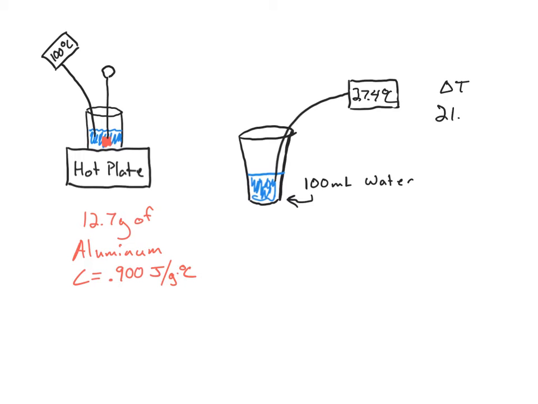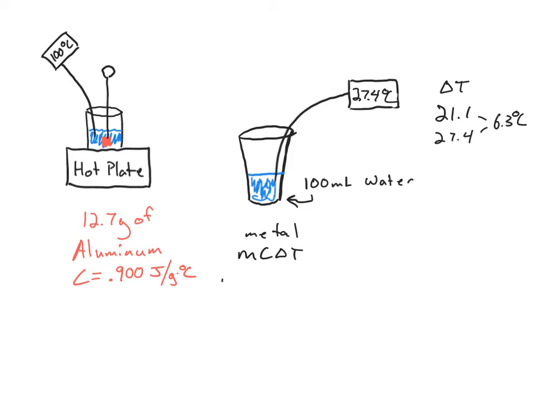What did it start off at? 21.1, I think, and went up to 27.4. So what's that difference, that change in temperature then, is 6.3 degrees Celsius. Now, in this illustration I've drawn out for you, I know what all the different variables are. MC delta T of the metal.